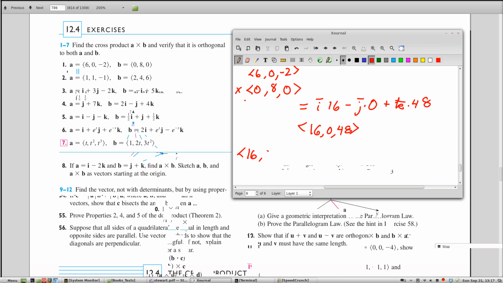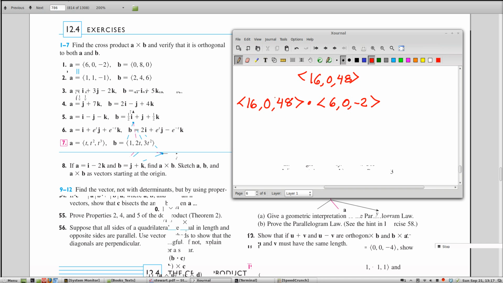So 16, 0, 48 dot 6, 0, minus 2 is going to be, you could divide this one by 16 and your life would be much easier, because then it would just be 1, 0, 3, and it would go in the same direction, and that's not going to change orthogonality. So it's actually much easier to do 1, 0, 3 dot 6, 0, minus 2, and then you get 6 minus 6, and that is equal to 0.